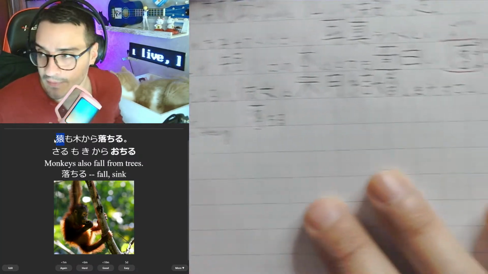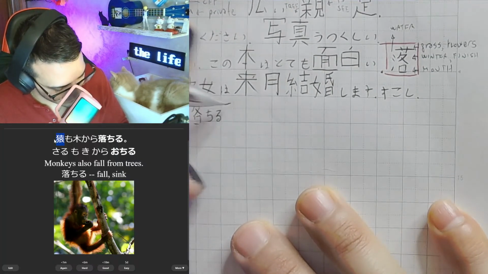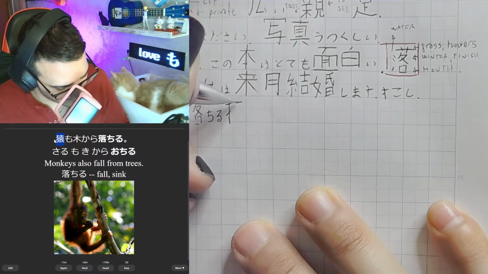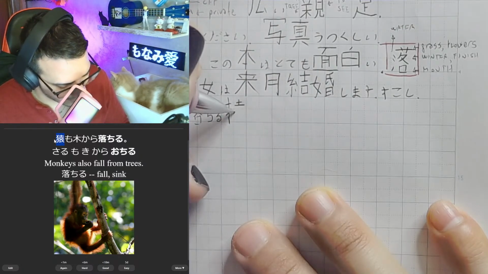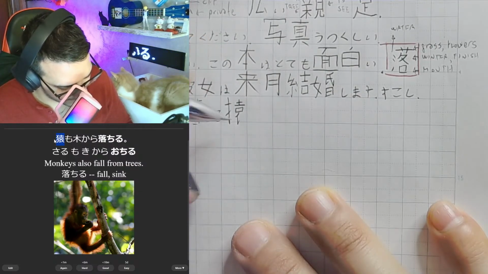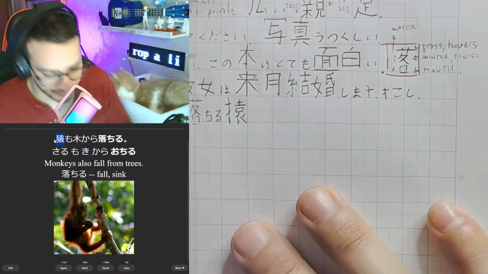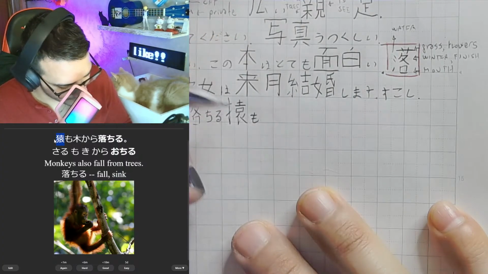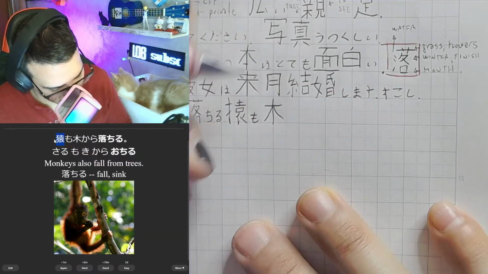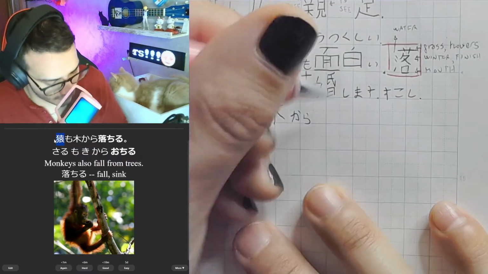Sarumo. Oh, let's write it again, everything. So hand, ground, mouth, and garment. Sarumo. Ki kara ochiru.